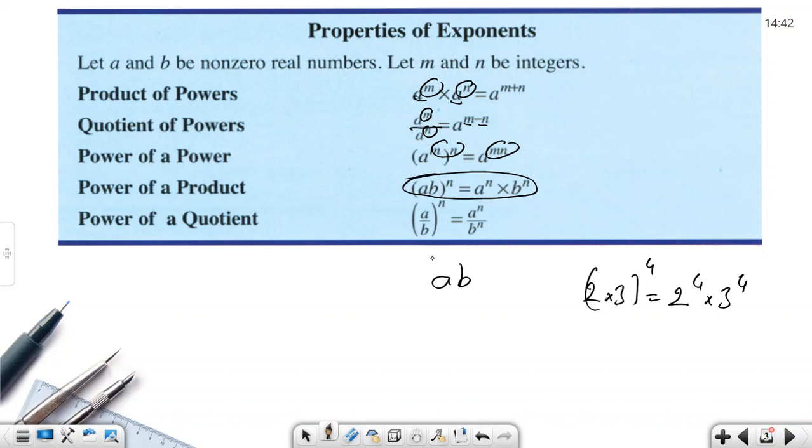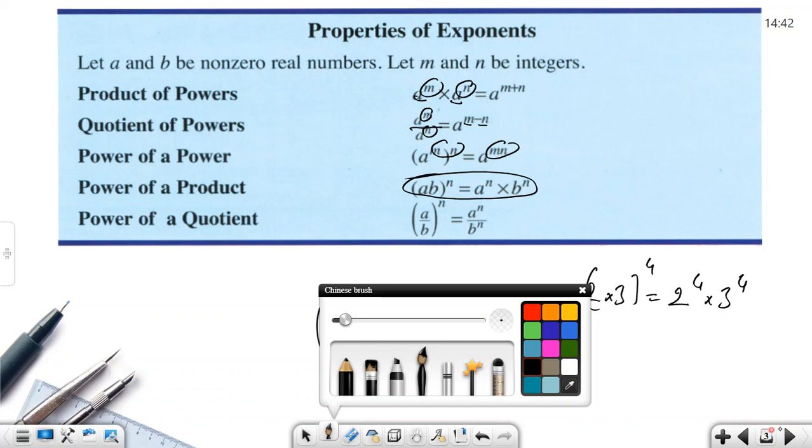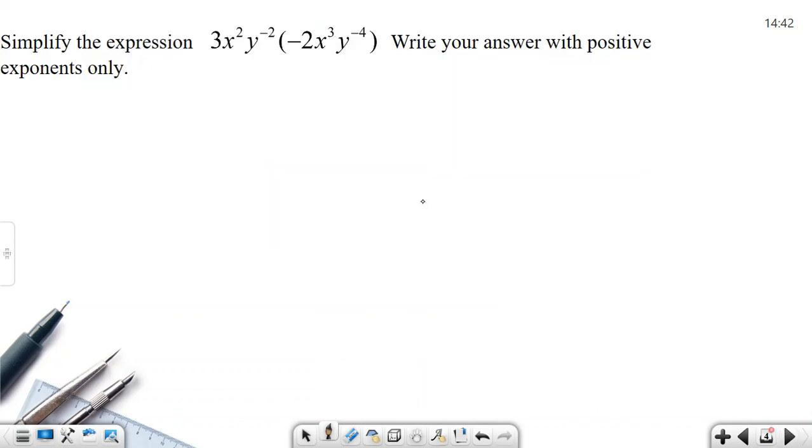So that's the rule. The same goes for division: 2 over 3 to the power of 5 is equal to 2 to the power of 5 over 3 to the power of 5. These are some basic ideas. These are the properties. You need to remember them from grade 9.